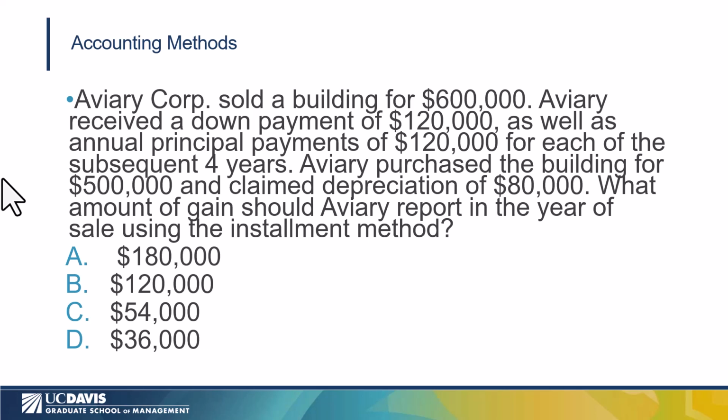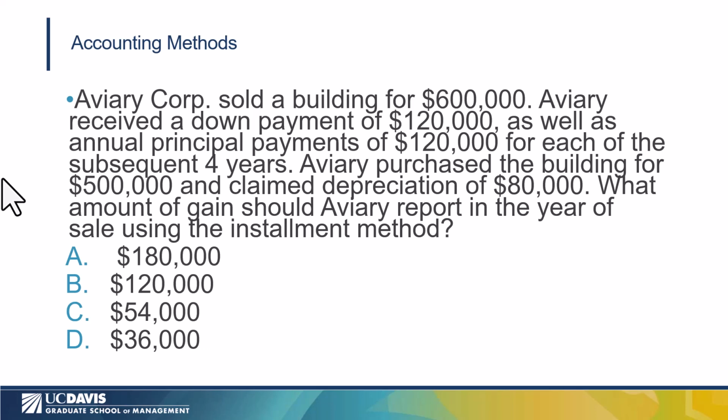Okay, so now that we know that, we've got a gain of 600 minus 420, that's 180,000, divided by the $600,000 selling price, which also equals our contract price in this case. And so that means 180 divided by 600,000 is 30%, which means that for every dollar we receive, we're going to take 30% of that and treat it as gain.